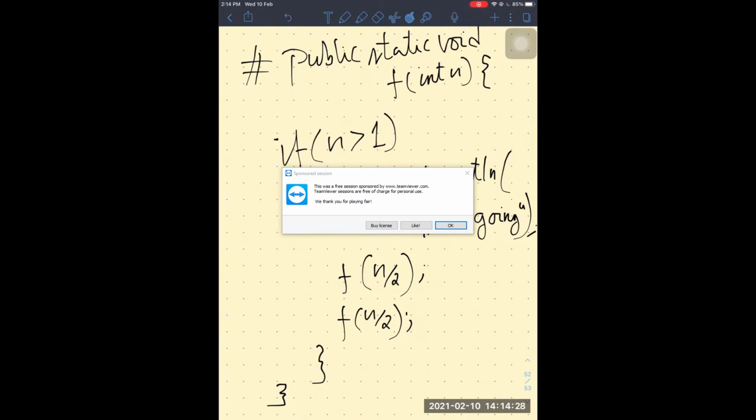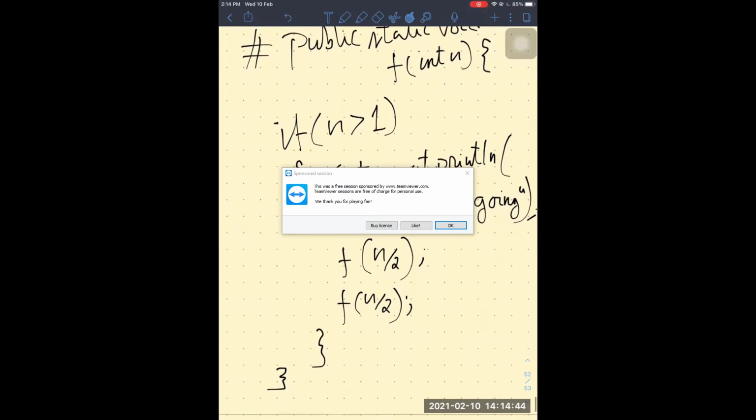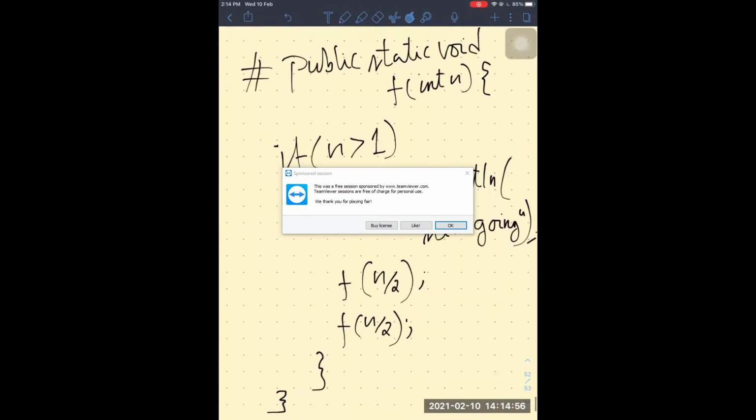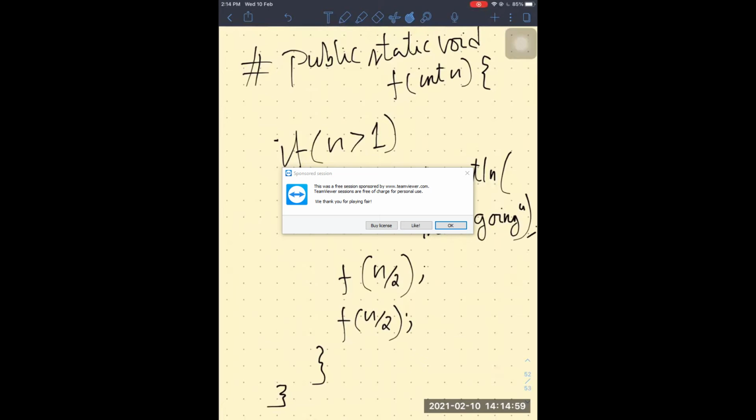Or should I give the answer? Maybe it would be better if I give the answer. Anyone want to have a guess for the recurrence equation?